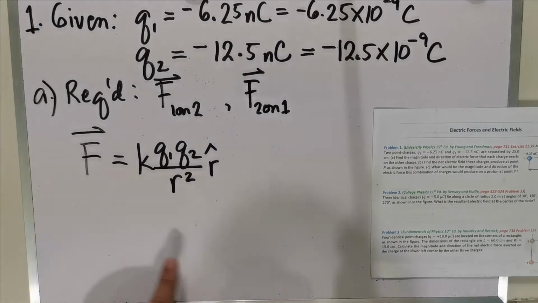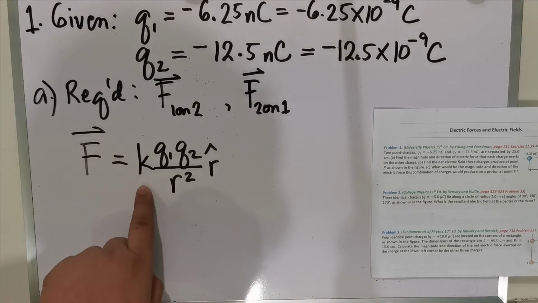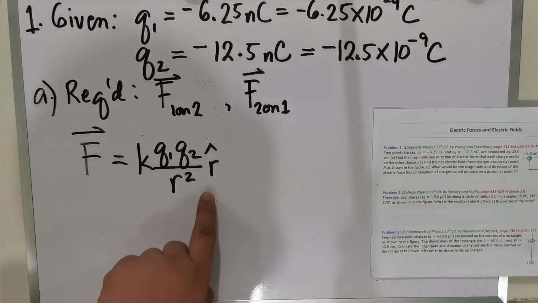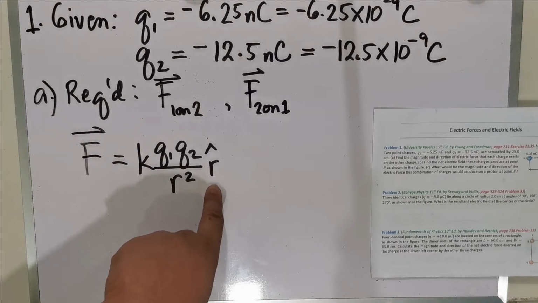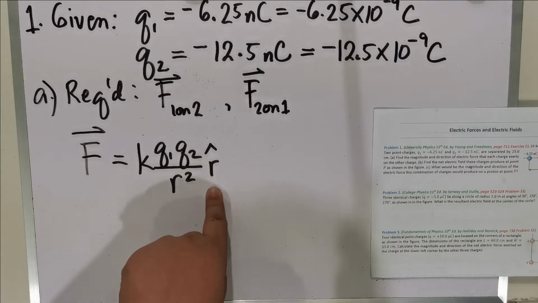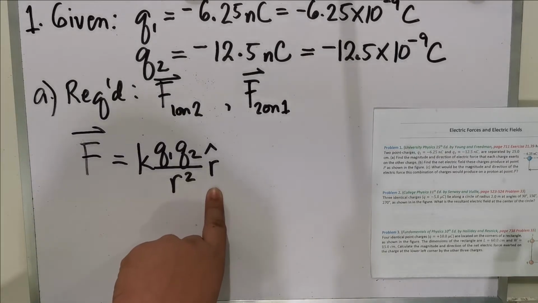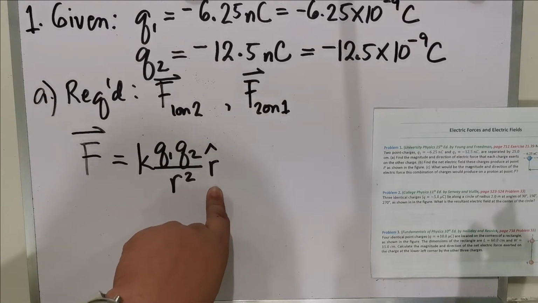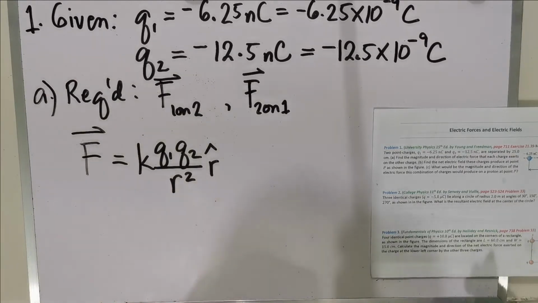Take note that in the equation, the magnitude is given by k Q1 Q2 over r squared, and r hat is the unit vector, which will depend on the direction of the force that each charge exerts on the other.